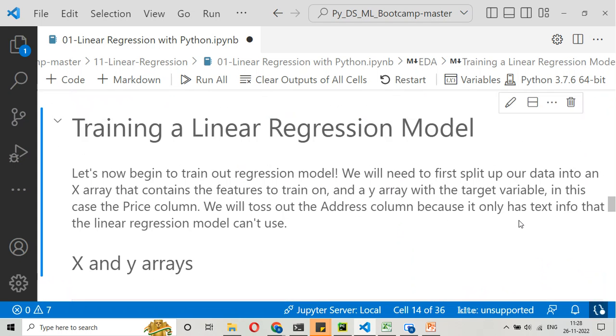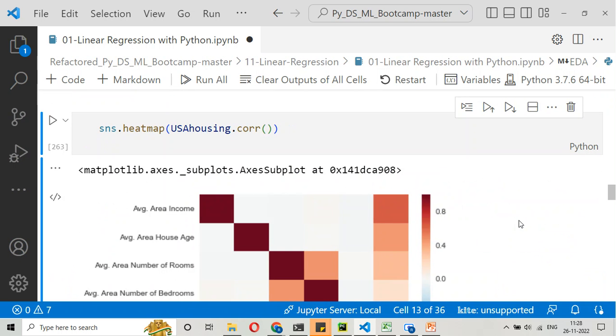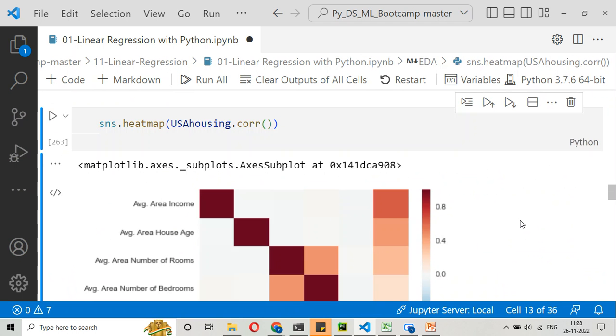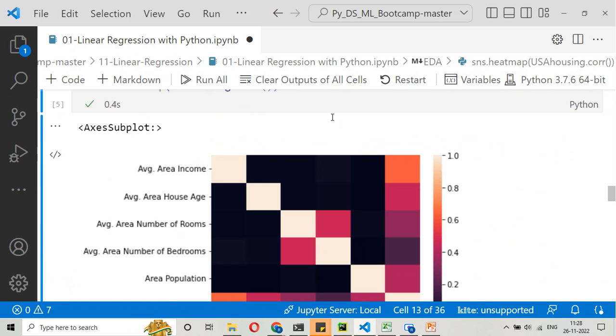And in this data set, if we plot this, okay, 0.8 is this one. You can see this one has a better correlation.